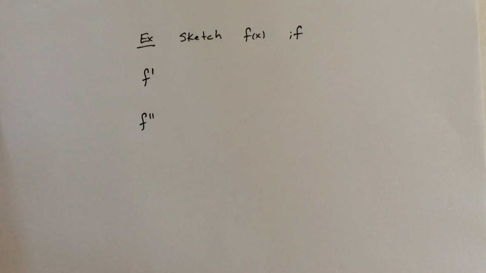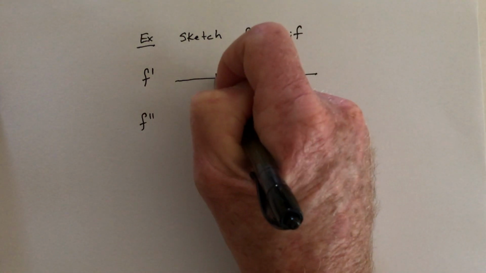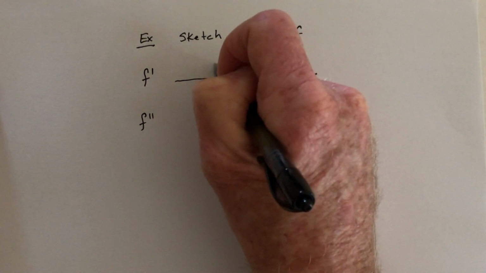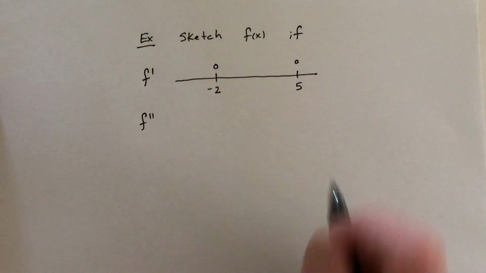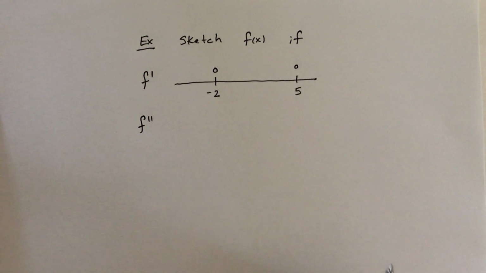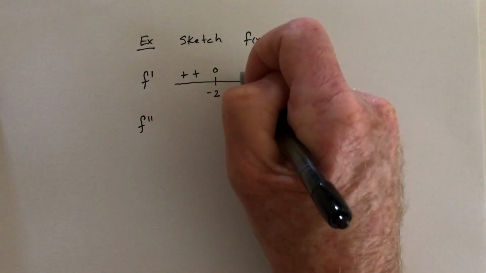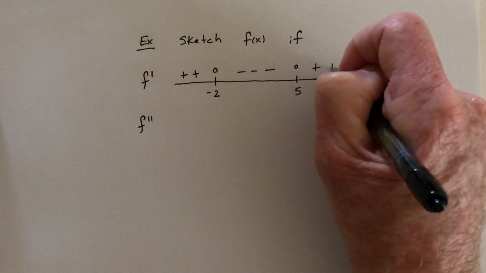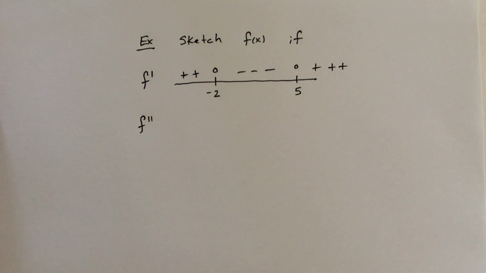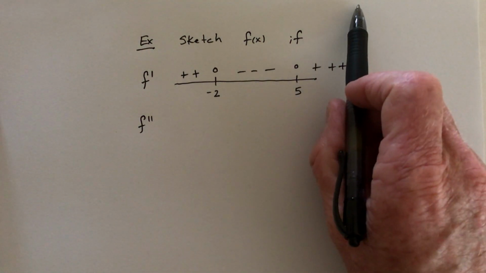Then can you sketch the original function f of x? Let's say for the derivative, you look at the number line, and at -2, the derivative equals 0, and at 5, the derivative equals 0. And it's known that here the derivative is positive, in here the derivative is negative, and in here the derivative is positive. So basically it's going up, down, up.